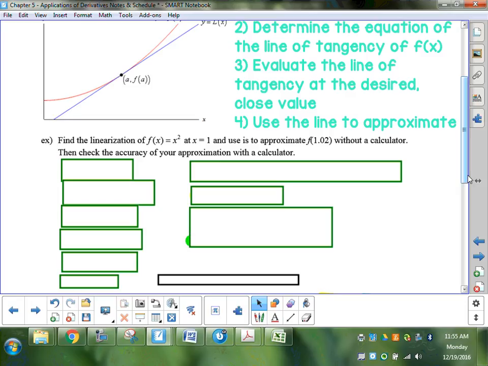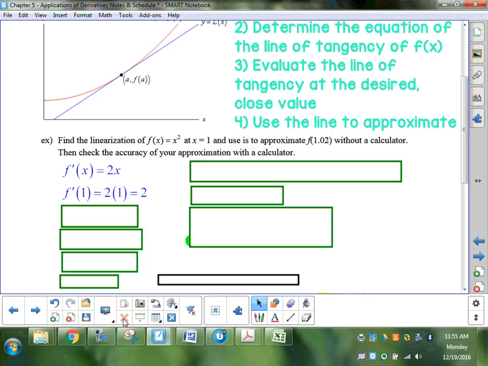First thing up, I need to figure out the derivative at 1. What's my derivative going to equal? Can you give me what the slope would be? We're on fire. Davey, what would you do next? What do we need in order to figure out the line of tangency?